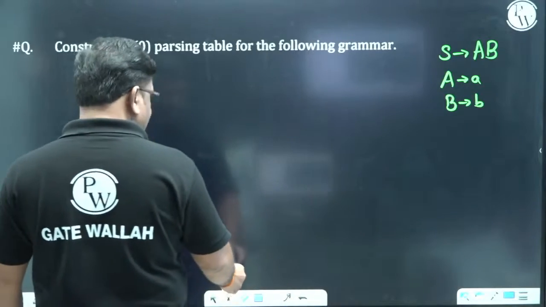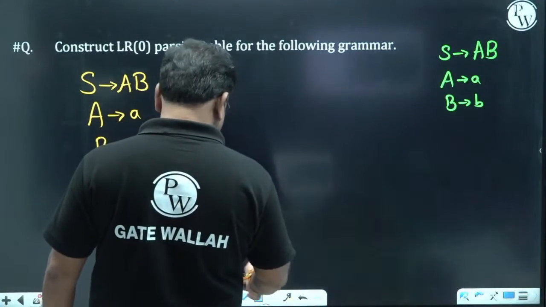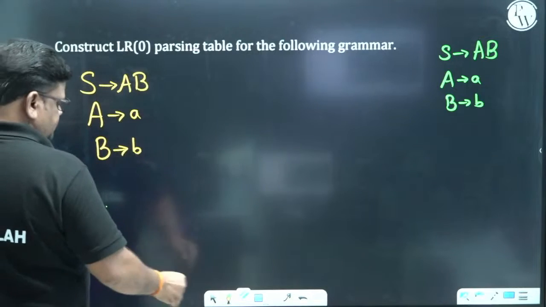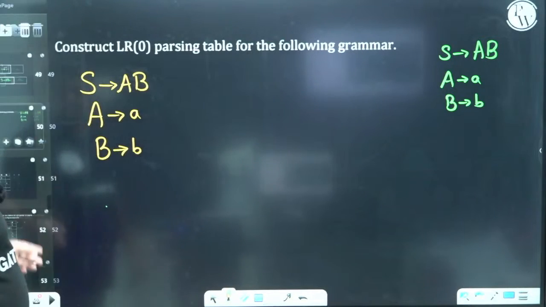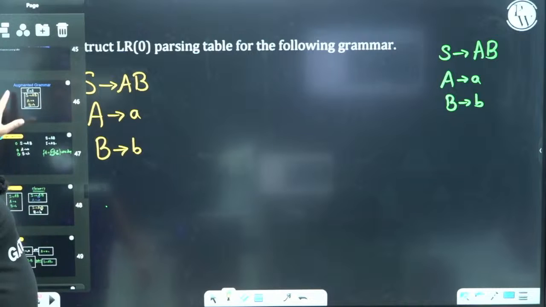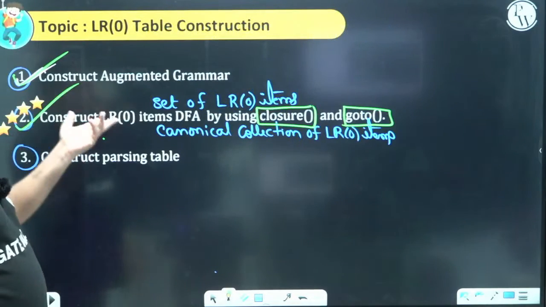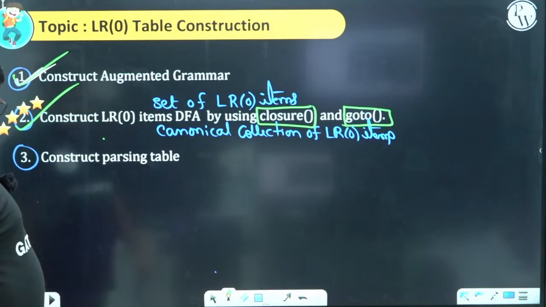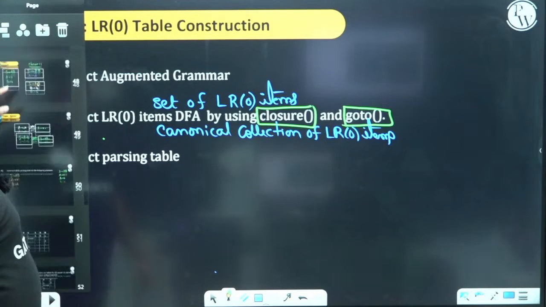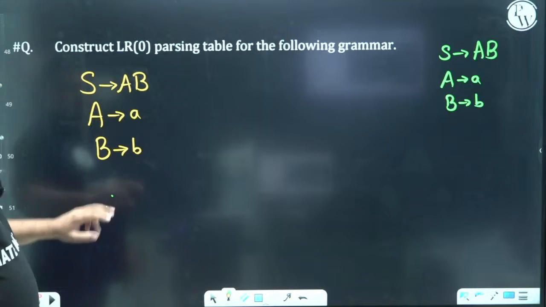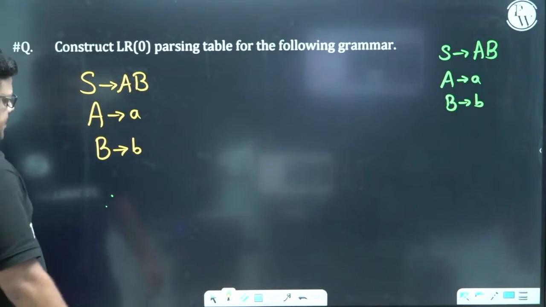What is step 1 from our algorithm? Step 1 is the augmented grammar. Can you tell me how to construct the augmented grammar?